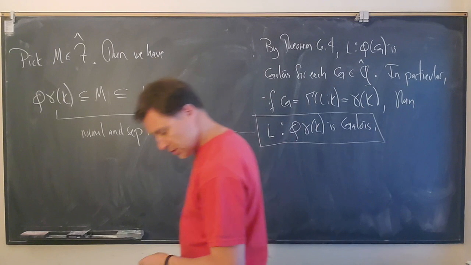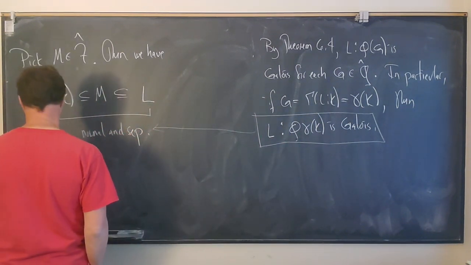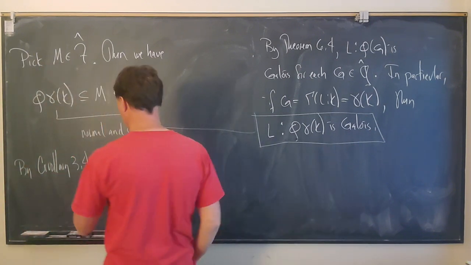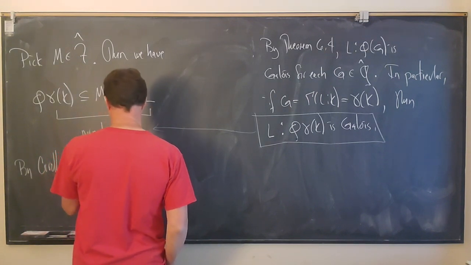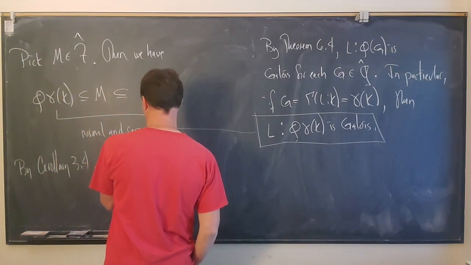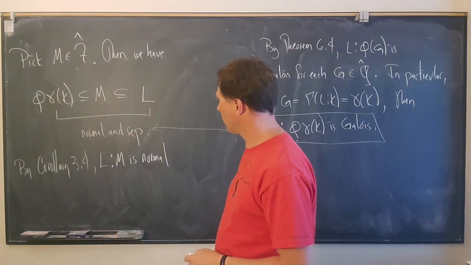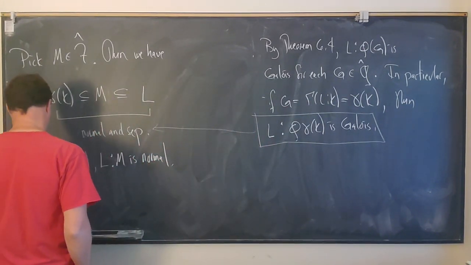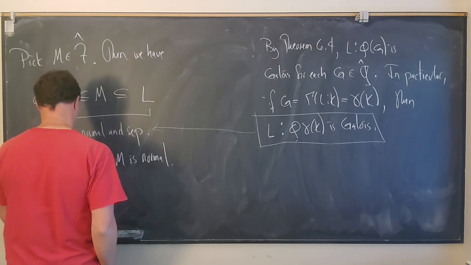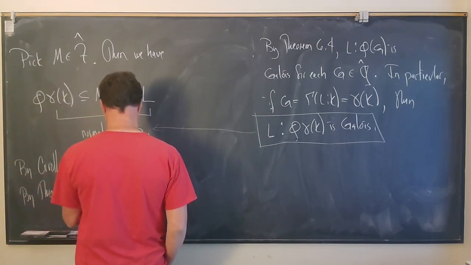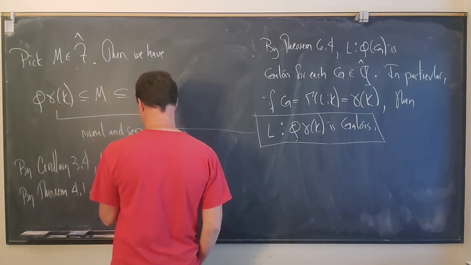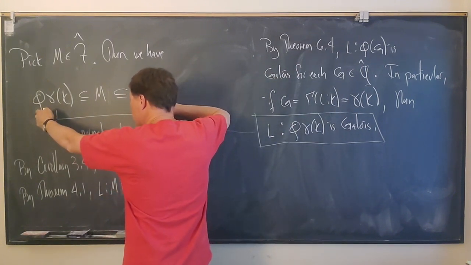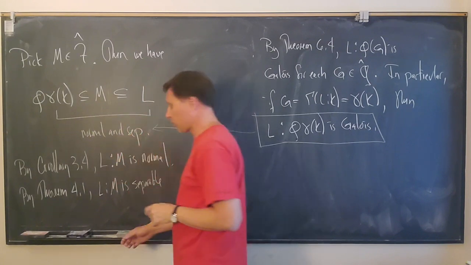Okay, fine. So by corollary 3.4, L over M is normal. By theorem 4.1, L over M is separable. Right? When this extension right here is normal and separable, then the front end is both normal and separable.